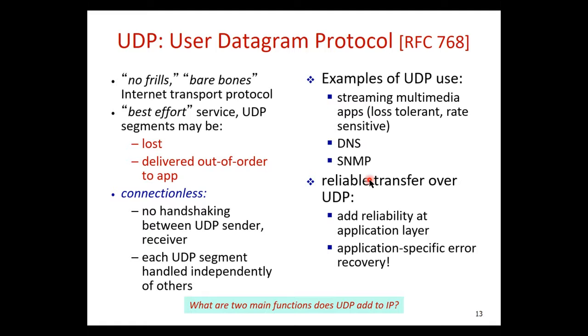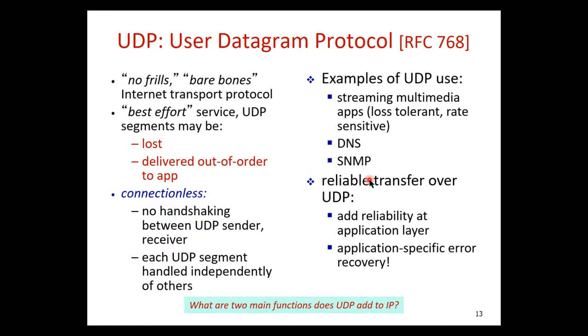Okay, so now a quick question. What are the two main functions that UDP adds to IP? Given that UDP does not give us any guarantee, not even data loss guarantee, and may deliver out of order, why would we want to use UDP? There are essentially two main functions that UDP does provide.